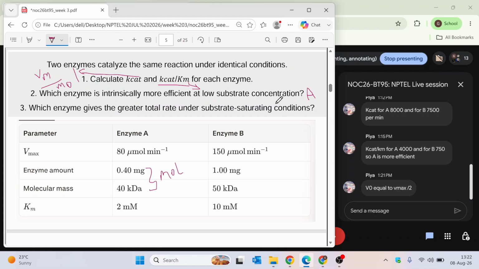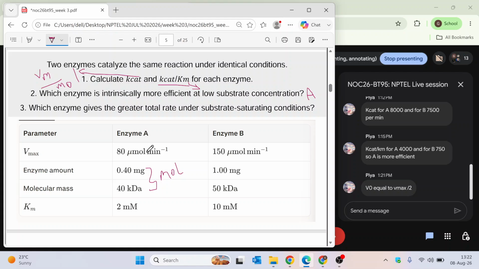So when you have a high substrate concentration, the maximum reaction velocity is going to be high with enzyme B. I hope this question was clear. You just had to find out some basic stuff, and then interpret it based on whatever you have found out.